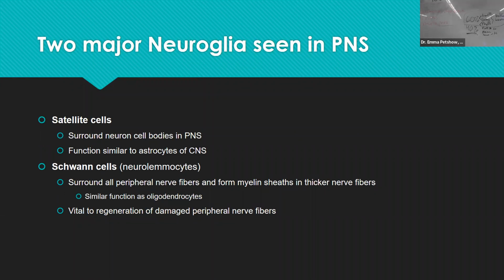So I would compare a microglia to a monocyte or a macrophage, versus a Schwann cell, which is just going to directly work on repairing the actual membrane and structure of an axon or a nerve fiber. Does that answer your question? Okay, great.